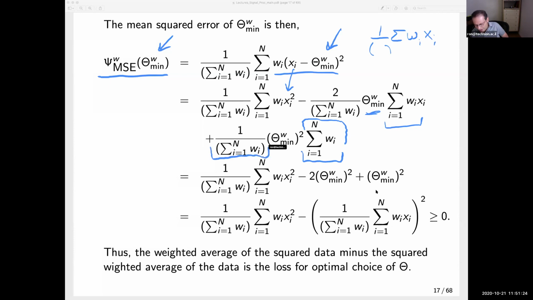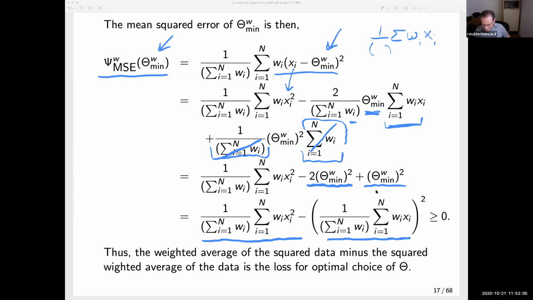I can basically cancel these two. And what I have here is nothing but the theta omega mean squared, and what I have in the middle is theta omega mean times theta omega mean. So I have two theta omega mean squares, and at the end what I'm getting is exactly as before. I'm getting the sum over the weighted squares minus the square of the weighted sum.